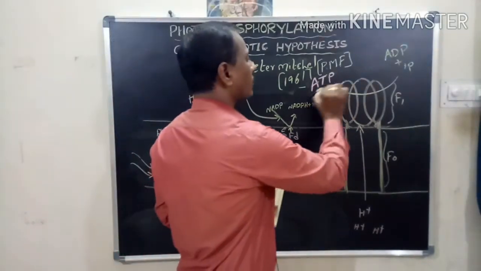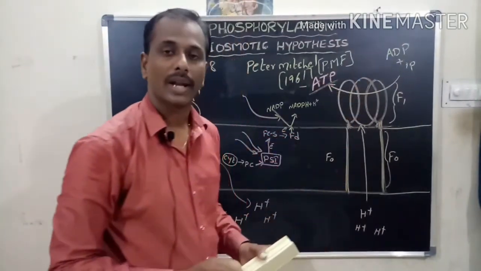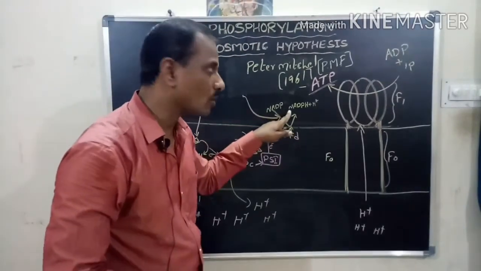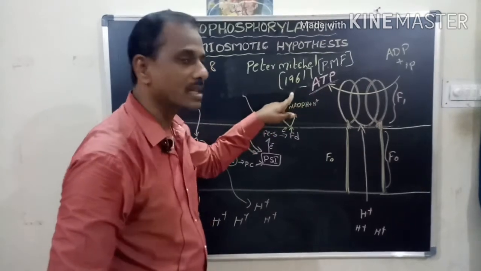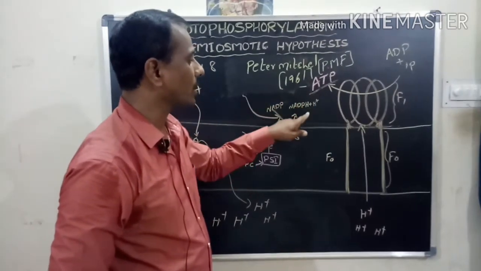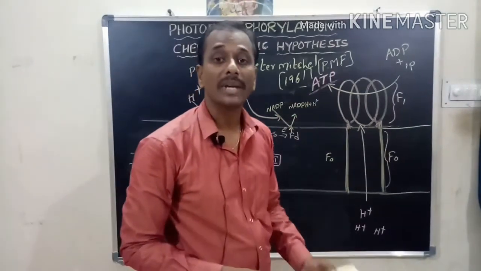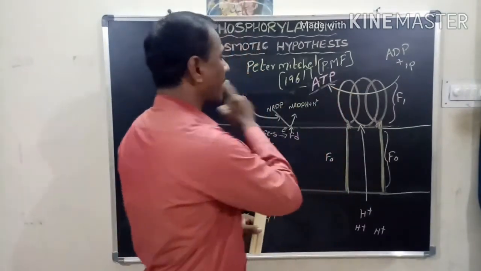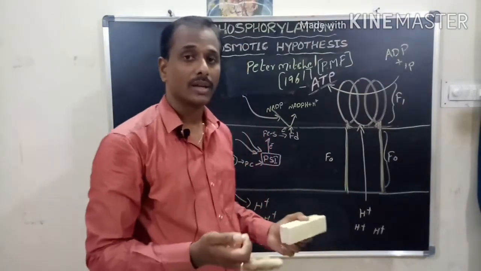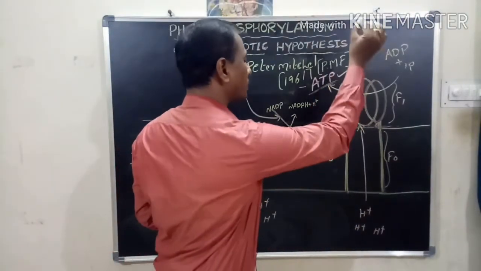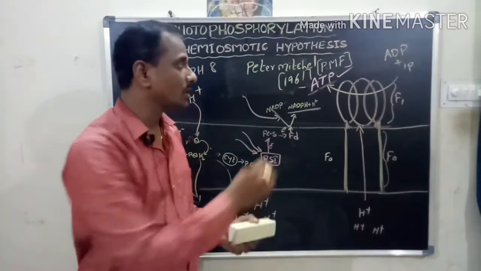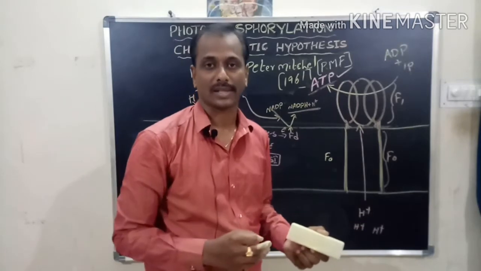The final products of the light reaction are NADPH2, formed in the stroma, and ATP, also synthesized in the stroma. These two final products are called assimilatory power. Light energy is converted into chemical energy in the light reaction. That chemical energy is ATP and NADP plus H plus. Both help in the reduction of carbon dioxide.